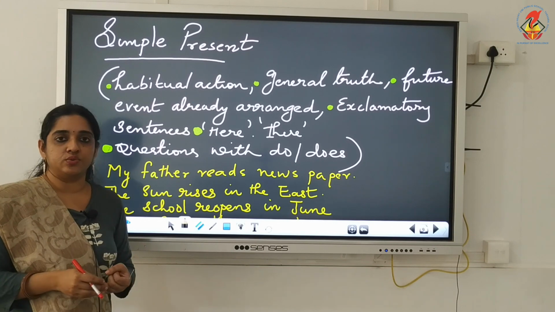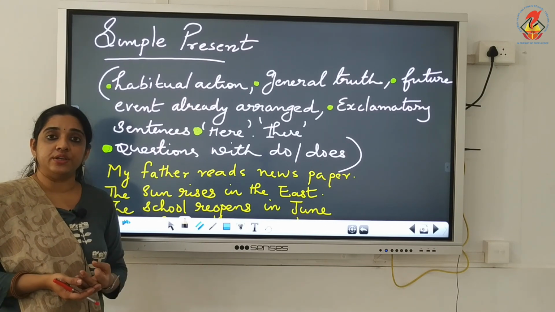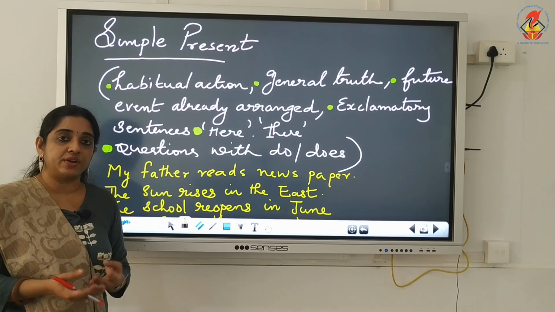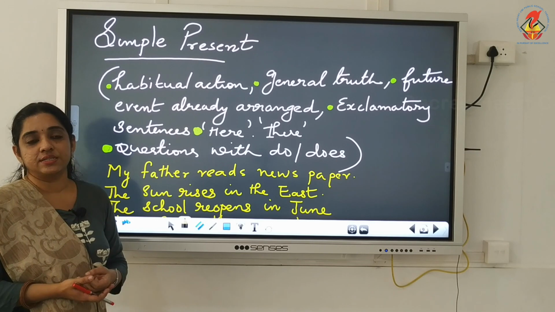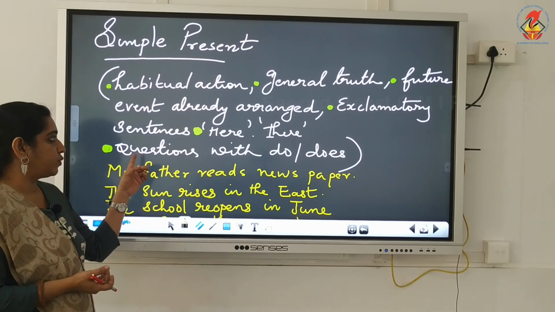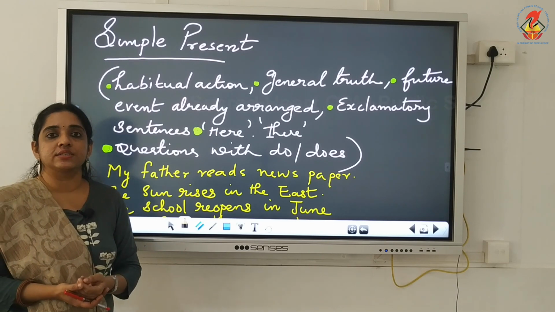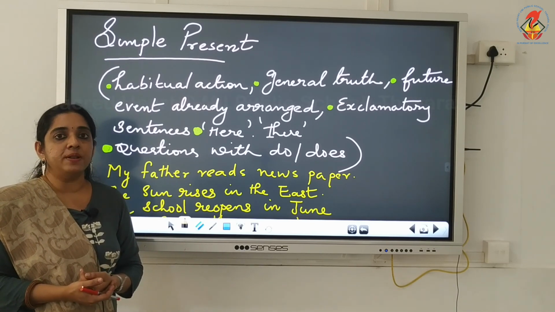Then general truth, universal truth. Then a future event already arranged, that is going to happen and which is already arranged. Then exclamatory sentences, which you might have studied in lesson 1. Then questions with do or does. Questions starting with do or does belong to simple present tense.